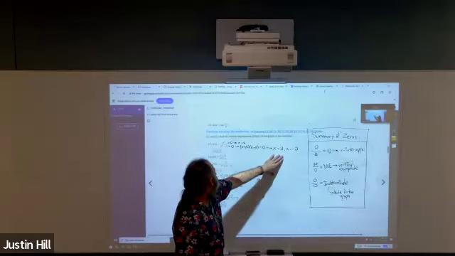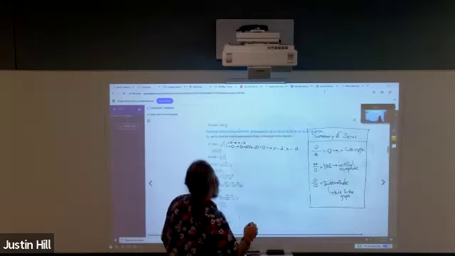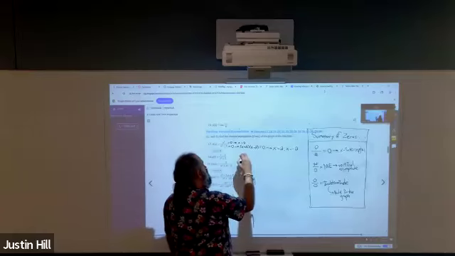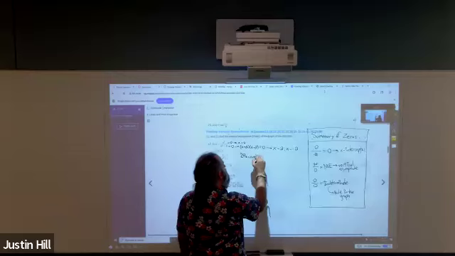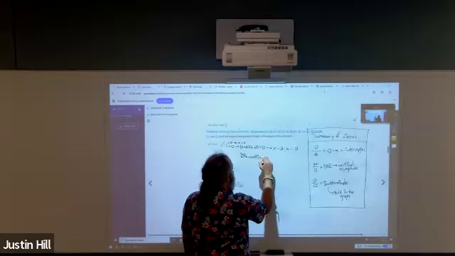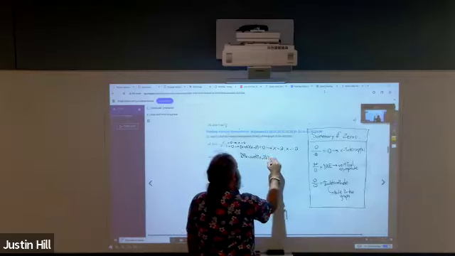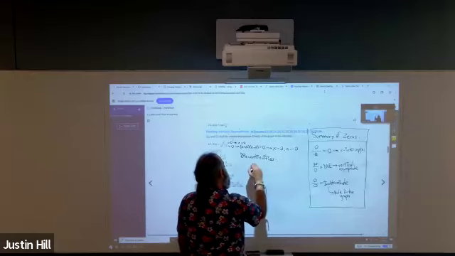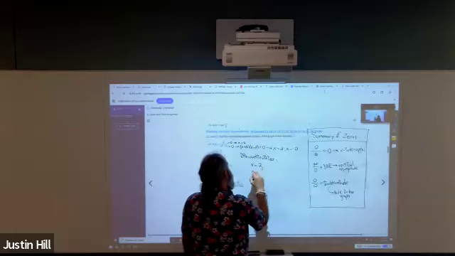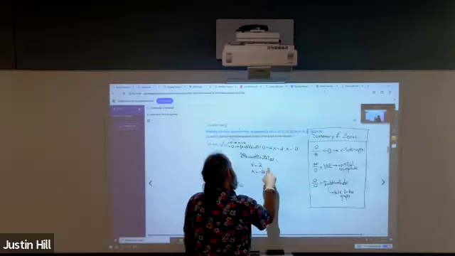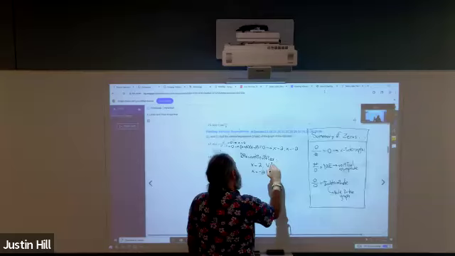So these both give us vertical asymptotes. Our discontinuities here are x equals 2 and x equals negative 2, and in this case, these are both vertical asymptotes.